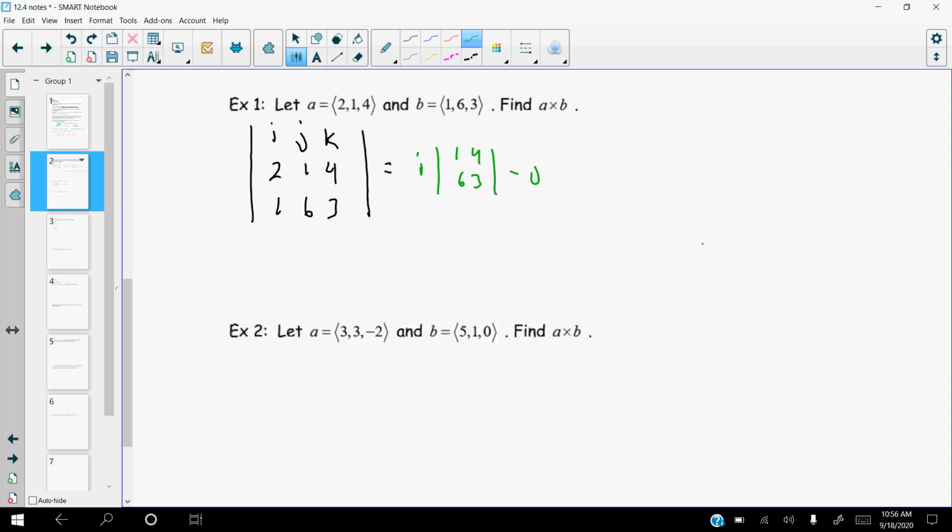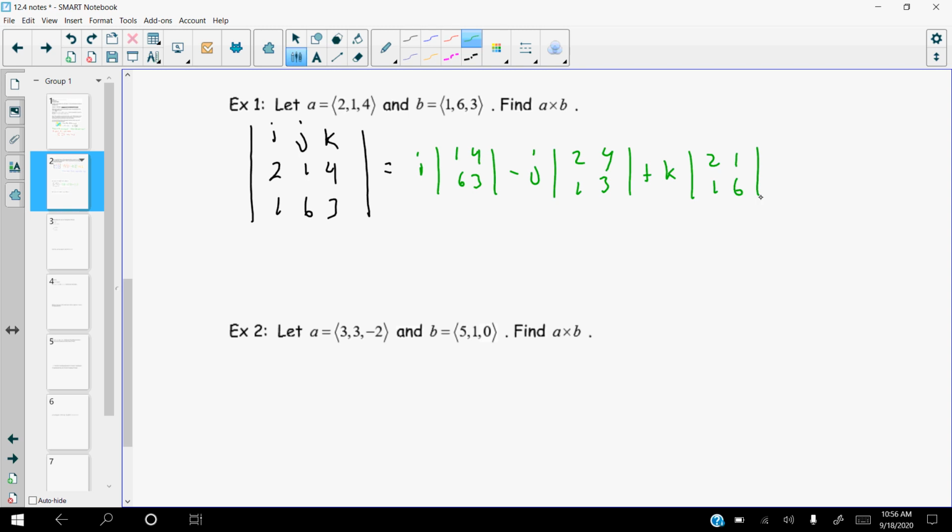Remember, we changed the sign of J, and then we do what's left over when we eliminate the J row and column, which is going to be 2, 4, 1, 3. Okay, and then the last one is plus K. What we get when we eliminate the K row and column will be 2, 1, 1, 6.